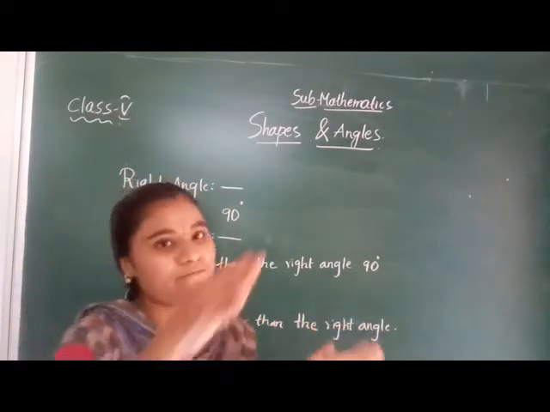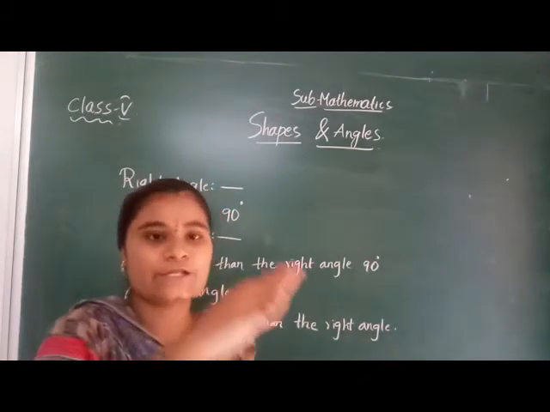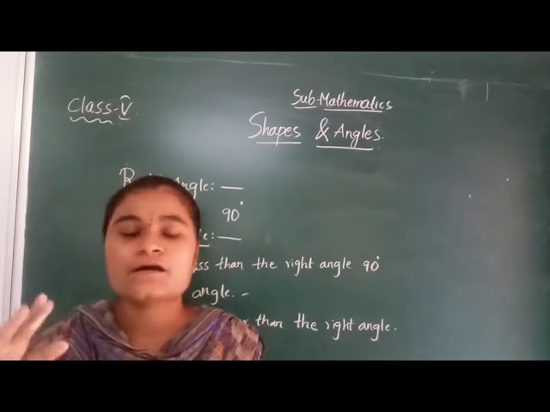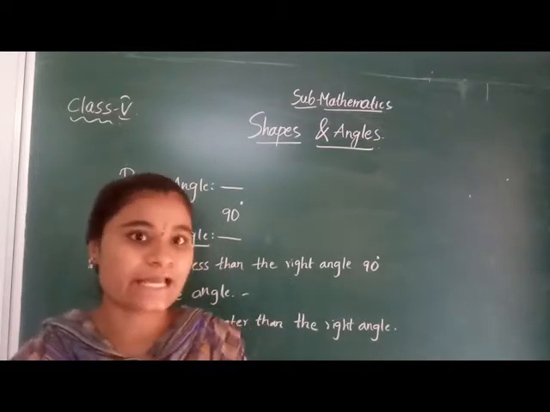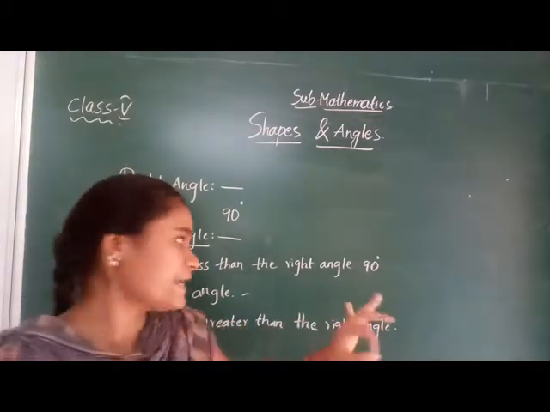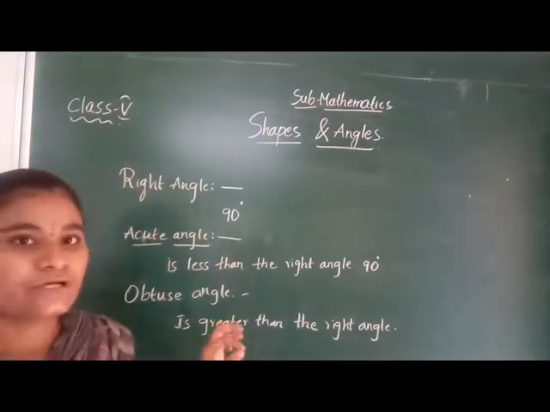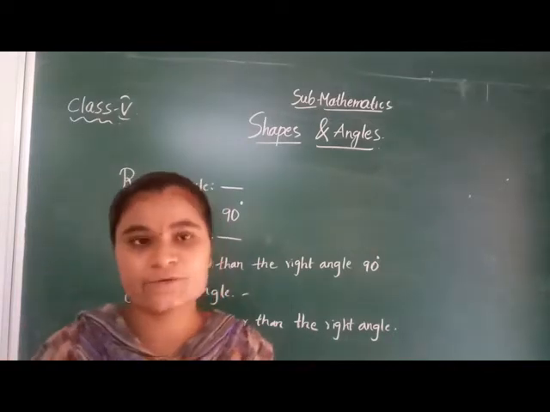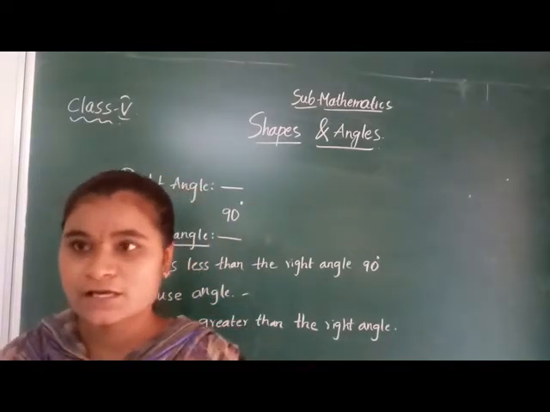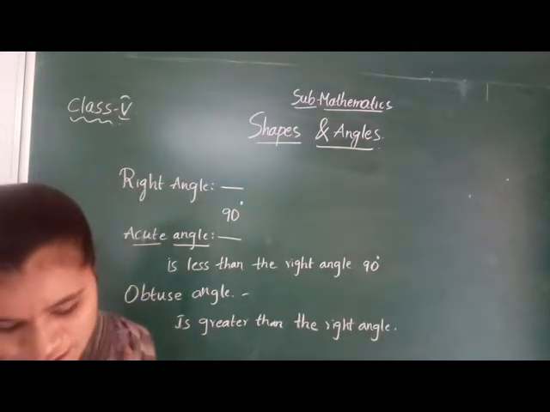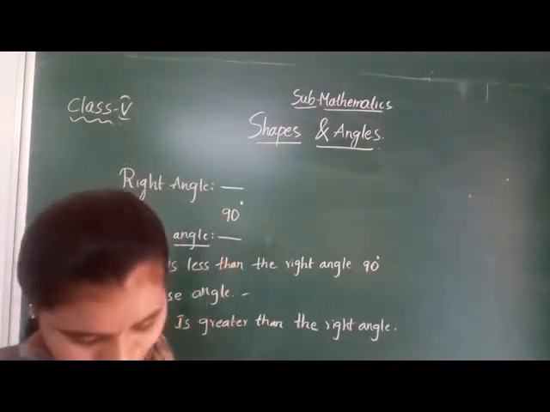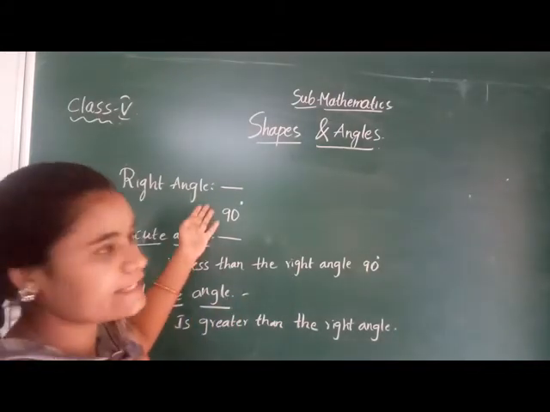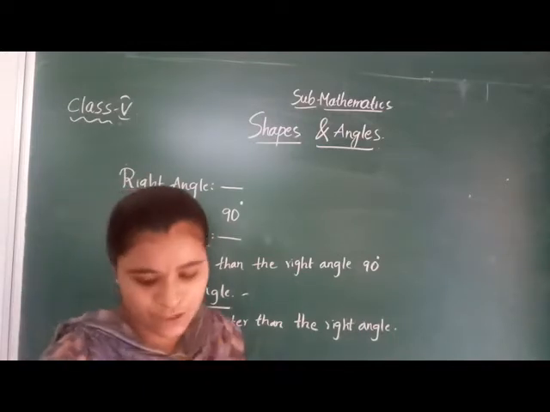Acute angle means from 0 to 90: 10, 20, 30, 40, 50, 60, 70, 80, and 89, below 90 degrees. Obtuse means above 90: after 90 comes 100, 110, 120, 130, 140, 150, like this. That one is the obtuse angle. Now you understand what is a right angle, acute and obtuse.